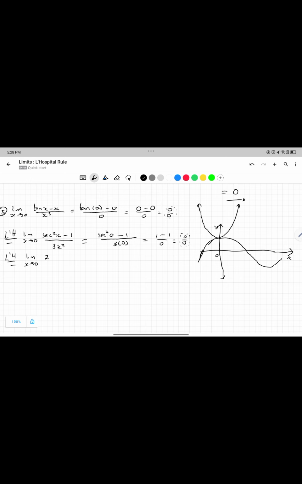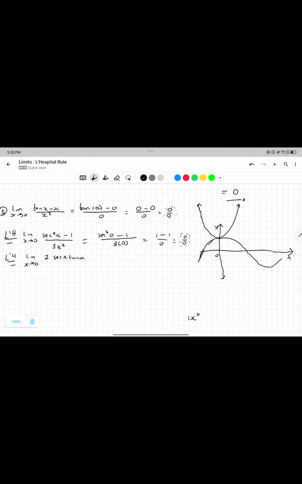Then we derive secant x, so secant x tan x. The derivative of 1 is 0, so 0 times 1 is 0.